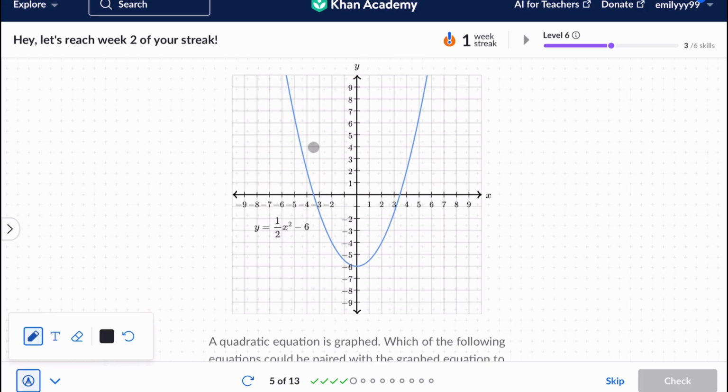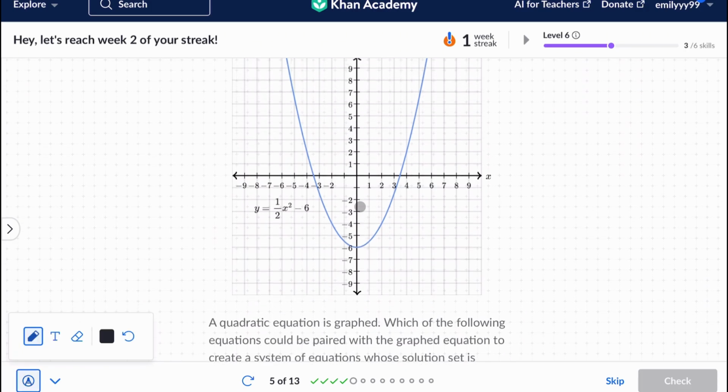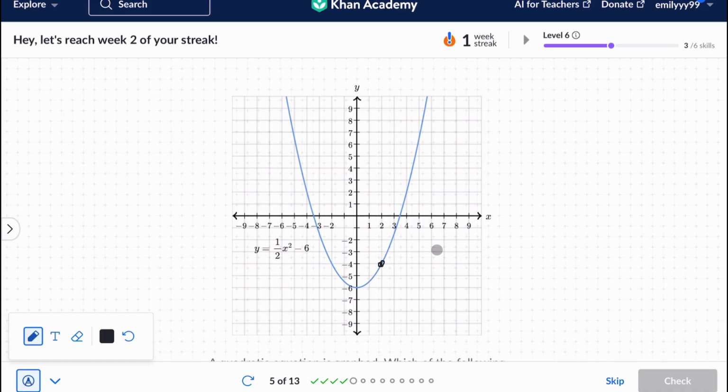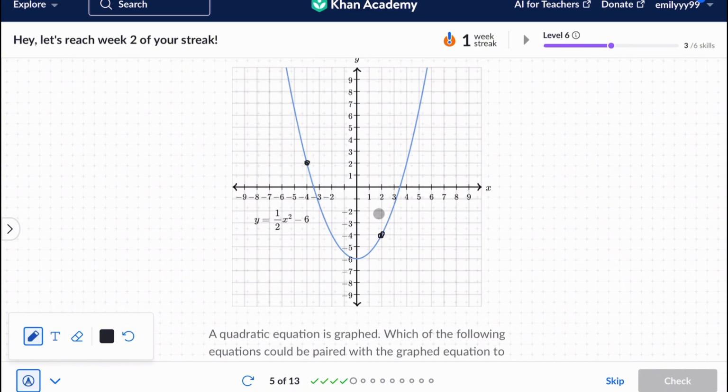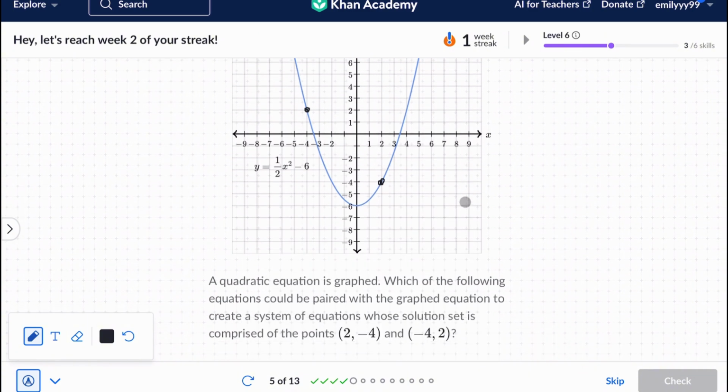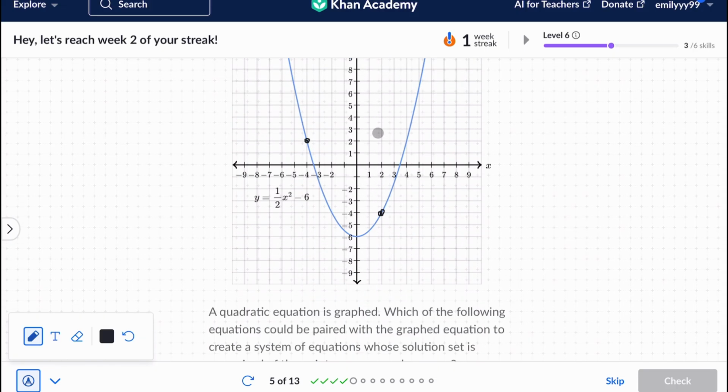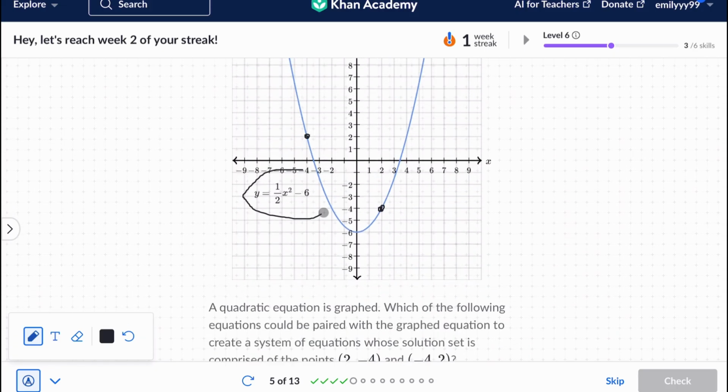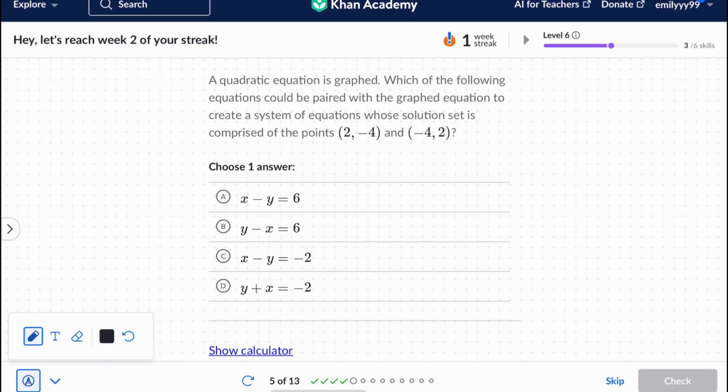We can plot that onto here. 2, -4, so right here. And now -4, 2, which is right here. So we want a graph that goes through these two points. So we can put this graph into the calculator, and then all of these.